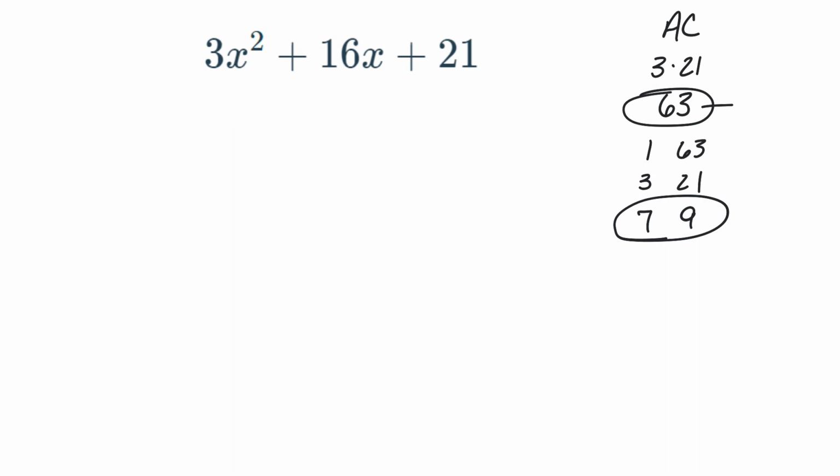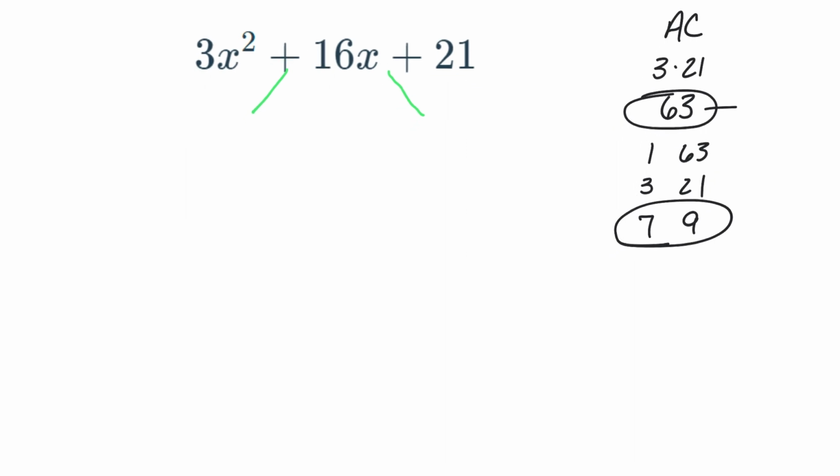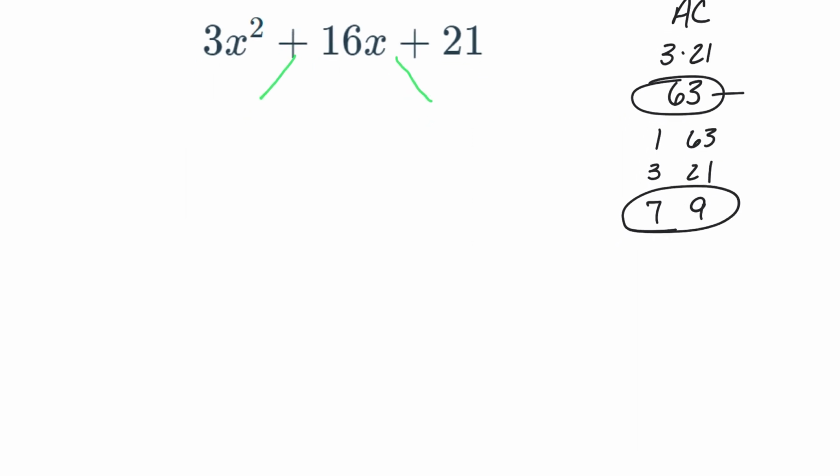So here's what we're going to do. We're going to convert 16 into a different version of 16. So our 16x is no longer going to be just 16x. We're going to turn it into 7x plus 9x. Doesn't matter which order we put these in. As I look at it now, I wish I would have put the 7 on the other side, but it really does not matter.